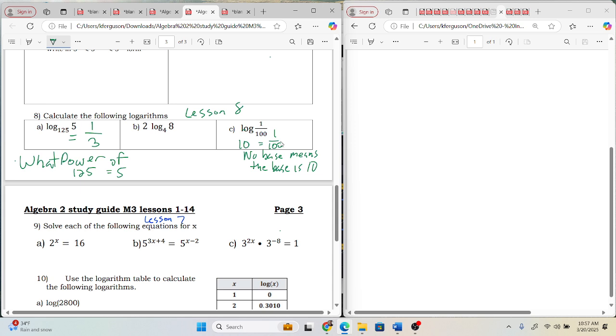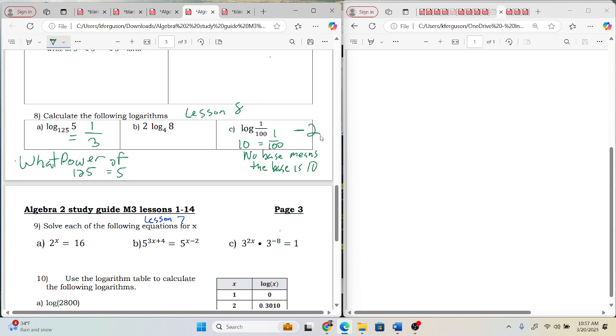If I start with the whole number and I end up with a fraction, that means my answer is going to be negative. So I know I got a negative, but a negative what? I look at the number that's my base, 10. I look at the number that I finish with, 100. How do I go from 10 to 100? 10 times 10, or 10 to the second power.